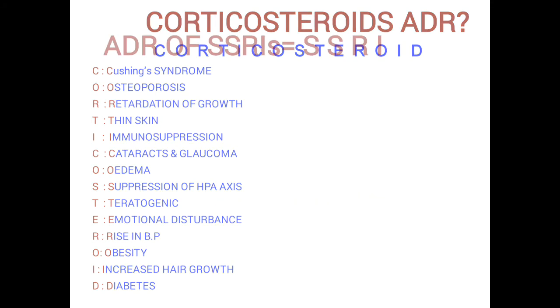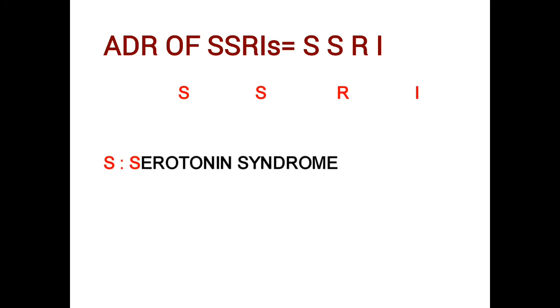How is it? Then the next drug, ADR of SSRI, selective serotonin reuptake inhibitors, SSRI. ADR of SSRI is SSRI. What's there for S? Yes, serotonin syndrome, increased activity of serotonin. And with the next S, you can remember stimulate CNS.